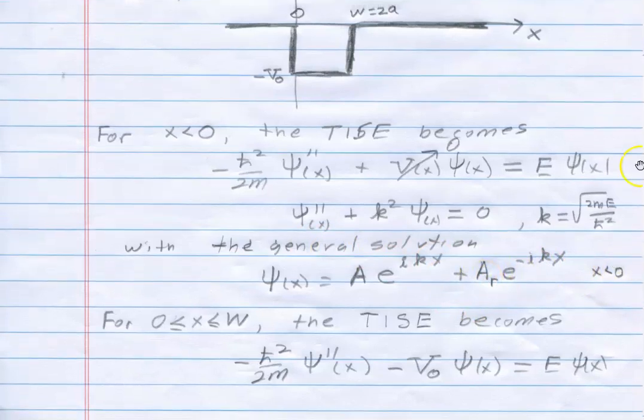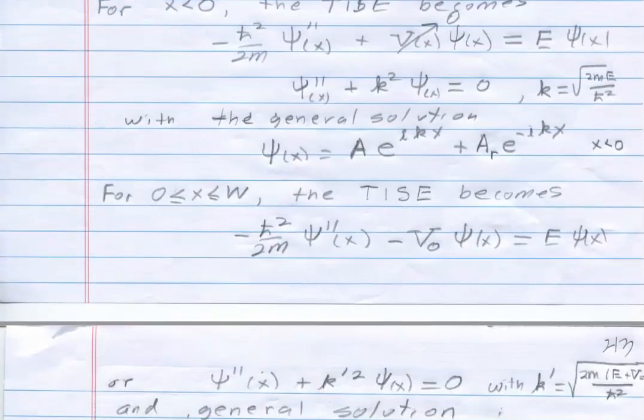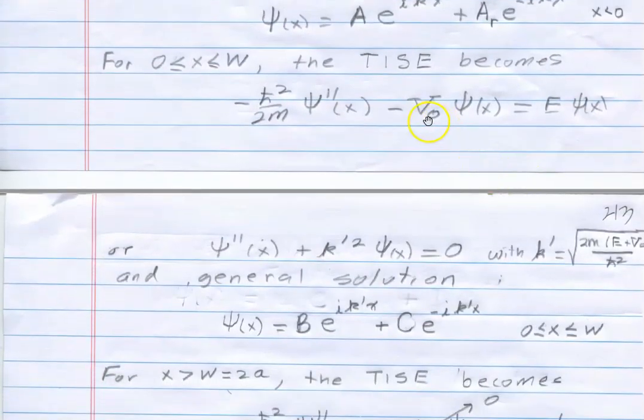For x between 0 and w, the time-independent Schrodinger equation becomes a little bit different, because now in this region the potential is minus V naught. So I substitute minus V naught for V of x, and I get this equation. We've done similar things for that as well. Take the V naught term over to the other side, and I can factor out the psi. Then multiply through by 2m over h bar squared.